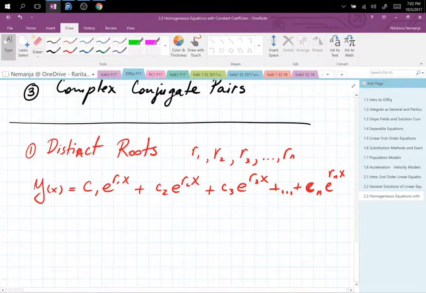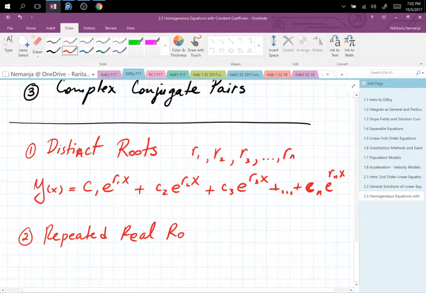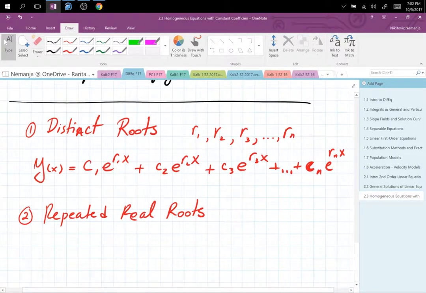Last one is obviously rn, so plus cn e to the rn x. That's distinct roots. 2, repeated real roots. Now, there is the issue that these roots produce solutions that are not linearly independent, i.e., they're dependent.